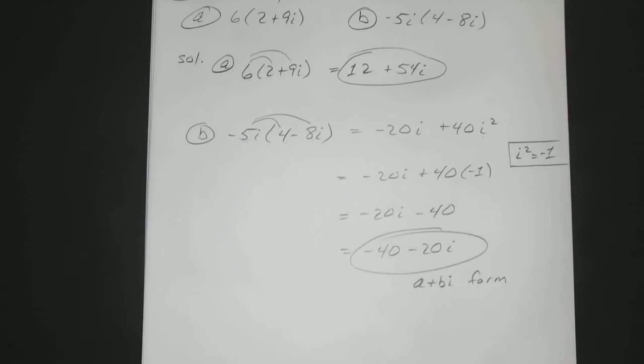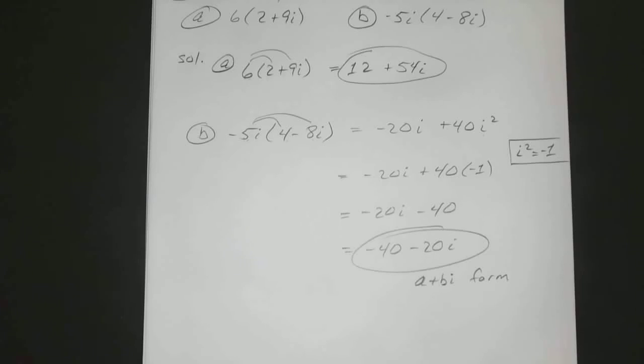All right, so any questions there? So really you're doing, like I said, just the exact same thing as if you were dealing with variables. Just when that i squared pops up, you have to remember that it equals a negative 1. All right, leave that up for a few more seconds.